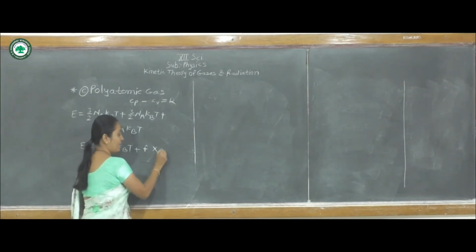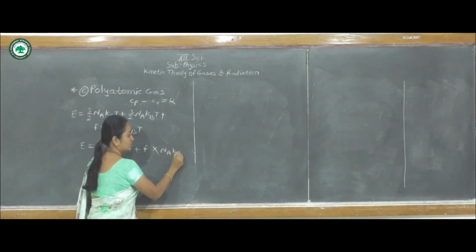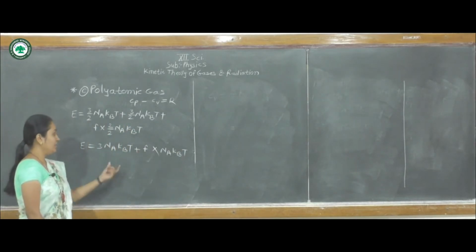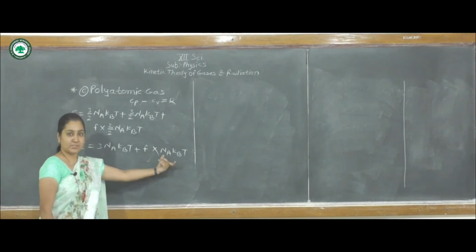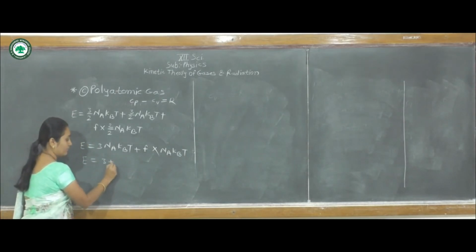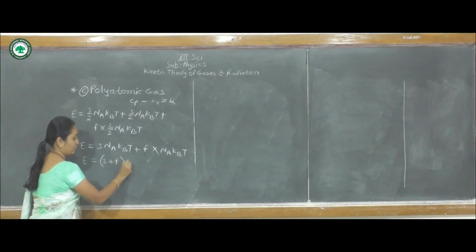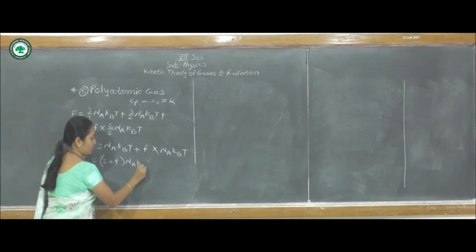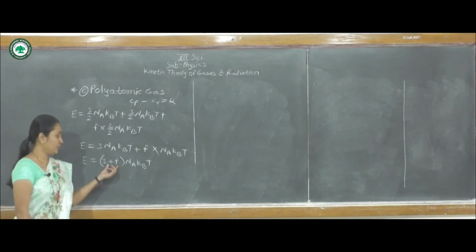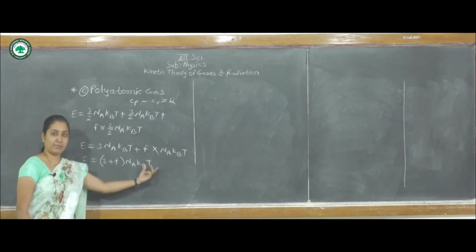So we can simplify this. Now this value can be taken as common. So we get E is equal to (3 plus f) Na Kb T.